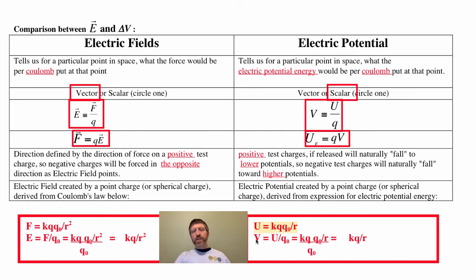For the electric potential, U over charge, the electric potential energy of the system of Q and Q₀ divided by the distance between them, divided by Q₀, is just kQ over r. Bottom line, the electric potential caused by a point or spherical charge Q is kQ over r, where r is the distance away from this charge Q. And this does assume that the electric potential energy, as well as the electric potential, is 0 at r equals infinity.